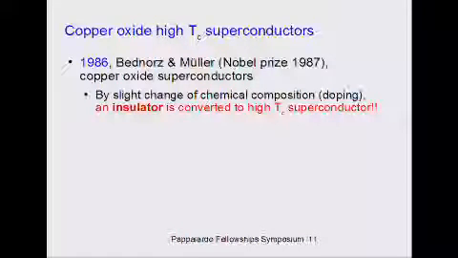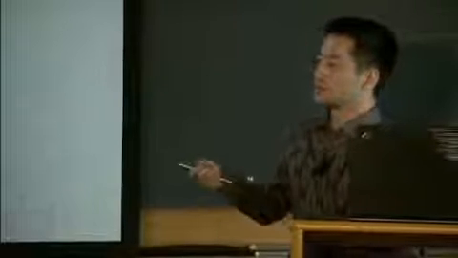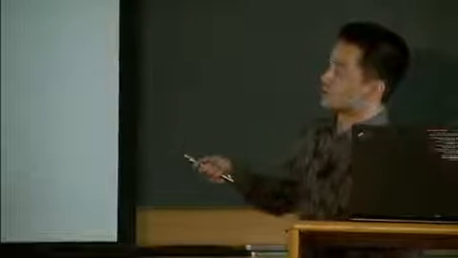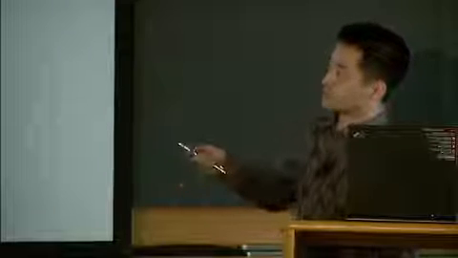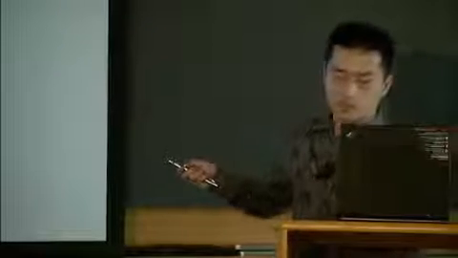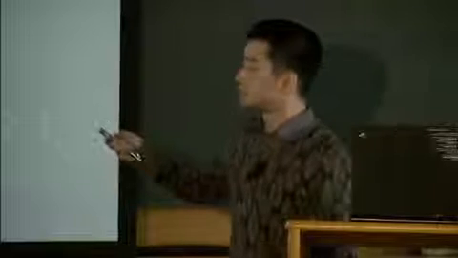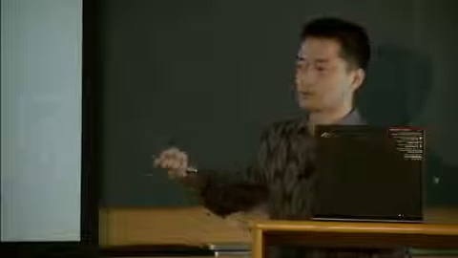We typically think that to get a superconductor, we should use good metals and cool them down. However, these copper oxides are very different. We get those superconductors by slightly changing the chemical composition, which we usually call doping, and we dope an insulator, which doesn't conduct electricity. Once we slightly change the chemical composition, it turns into a superconductor which conducts electricity perfectly.